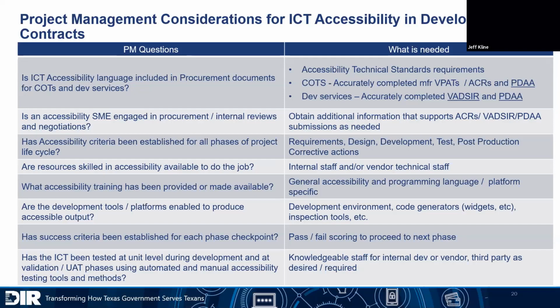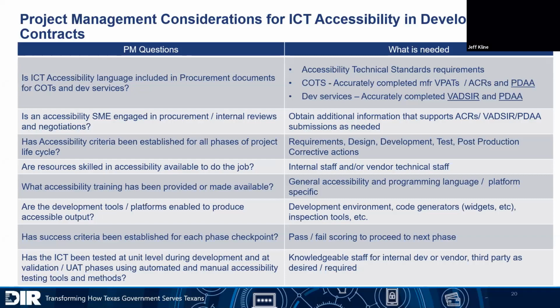So, is the language in the procurement documents, and then over on the right side, we talk a little bit about what is needed in each of those: making sure that you've got somebody from accessibility engaged, has criteria been established in all phases of the project, are the resources in place, have the resources been trained, are the platforms enabled to produce accessible output.